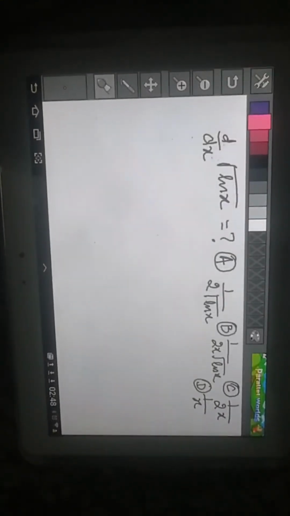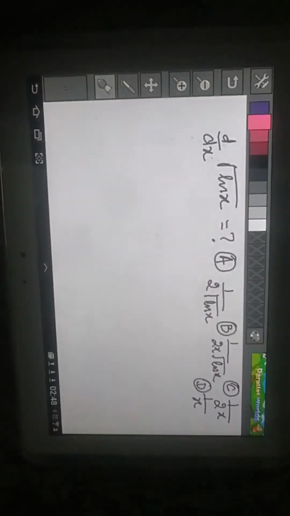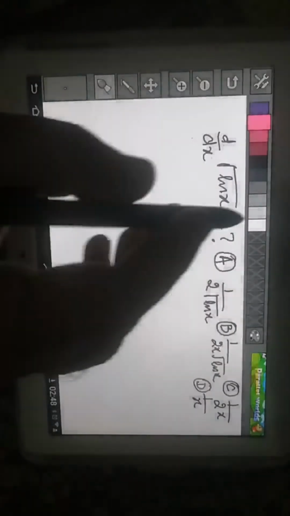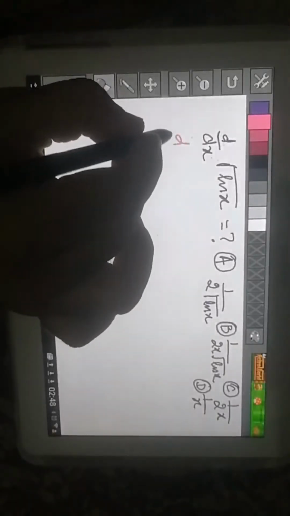So let us apply our concepts, our understanding, our knowledge to get the derivative of this function, because we know that d by dx is the operator which converts the given function on which it applies into its derivative. So which rule works here?